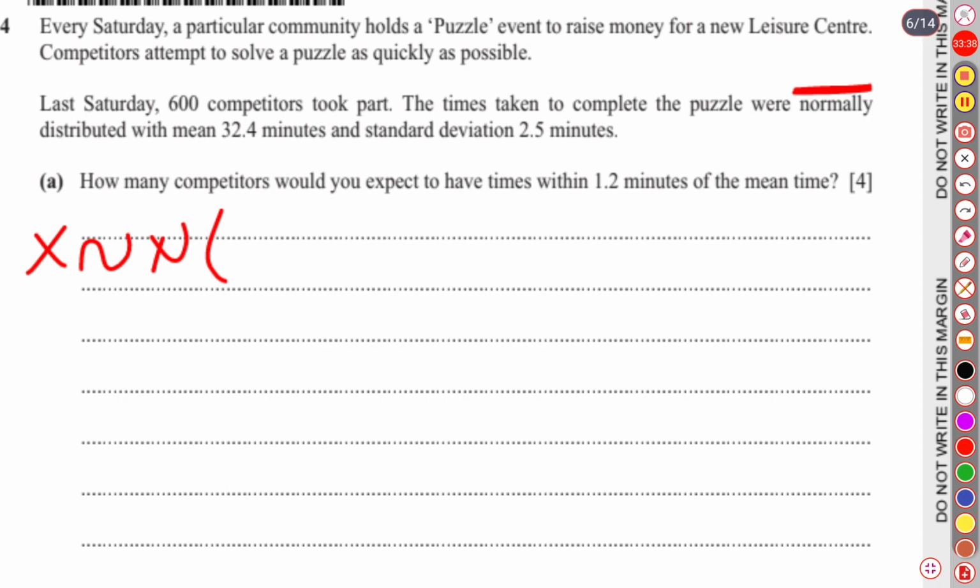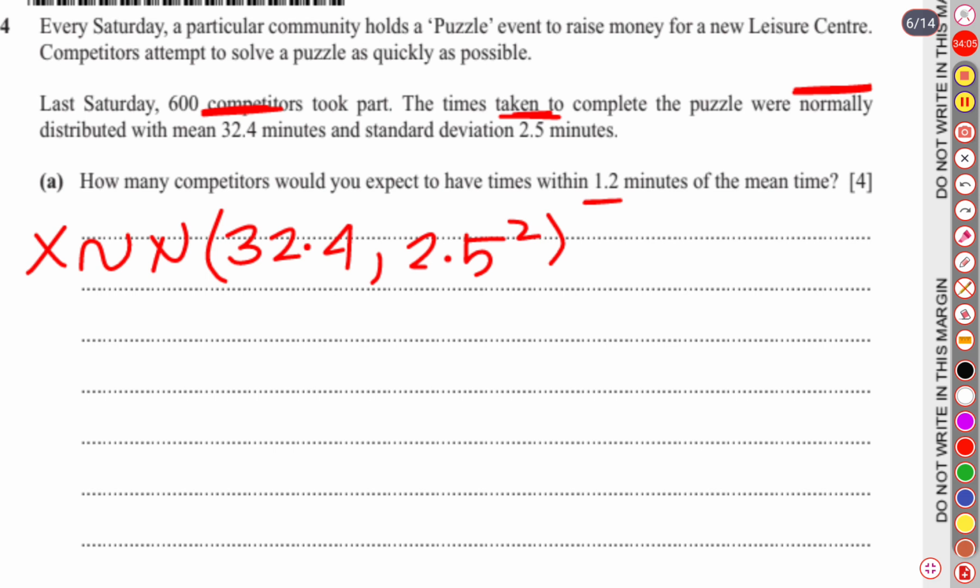Mean is given, the mean is 32.4, whereas variance is the square of the standard deviation, that means 2.5 squared. And the twist is actually here, 1.2.